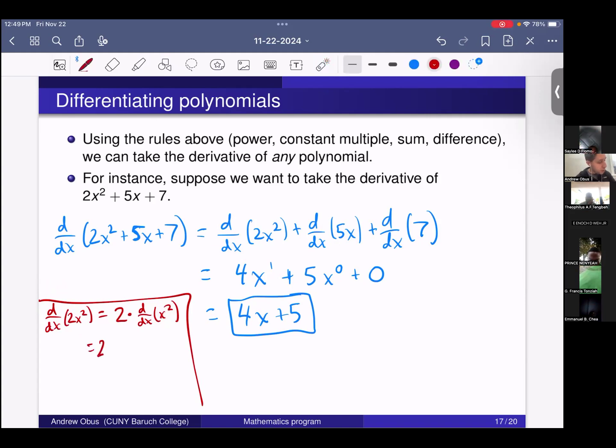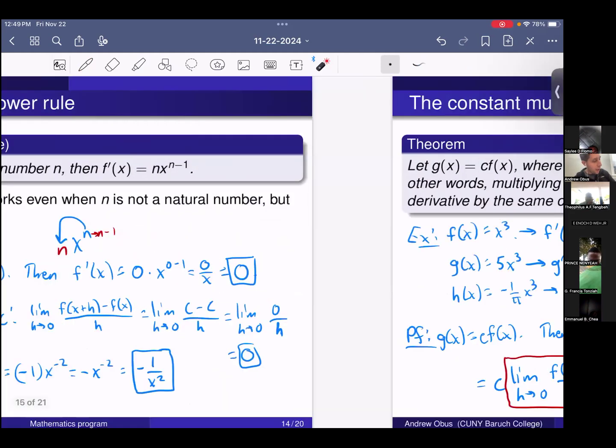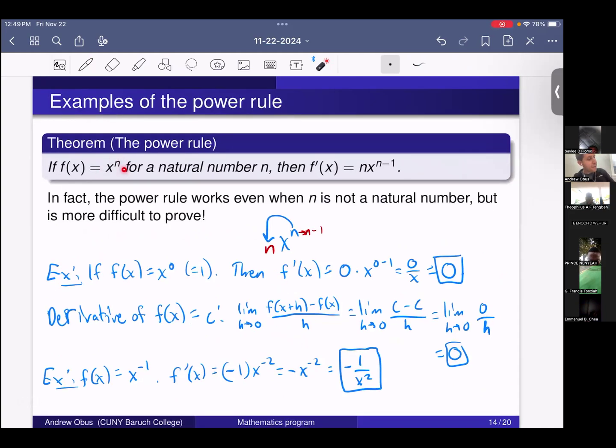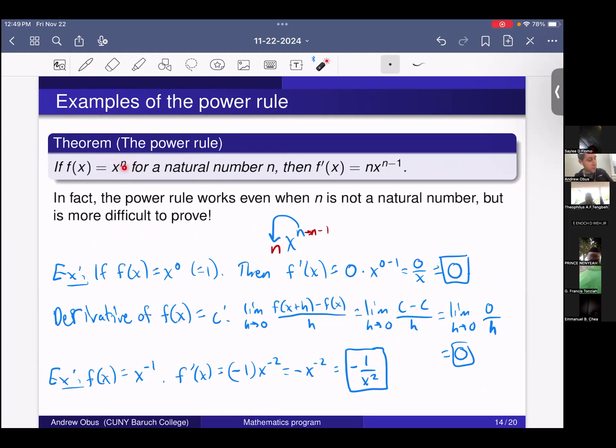And so what is that? That's 2 times... now we have the power rule. Going back to the power rule over here, if we have the function x to the n for a natural number n, so this includes x squared, then the derivative is given by pulling down the n and replacing the exponent with n minus 1.